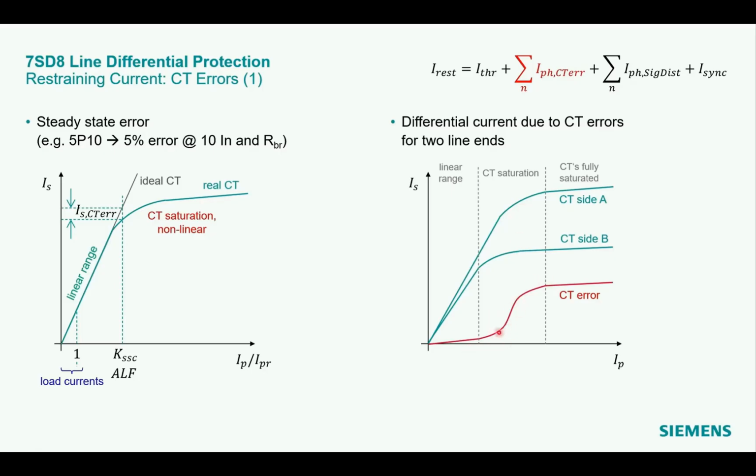It's the red curve. In the linear range, the error is very small. But with the starting of the saturation, the error increases significantly and will saturate if both CTs are in the saturated area.